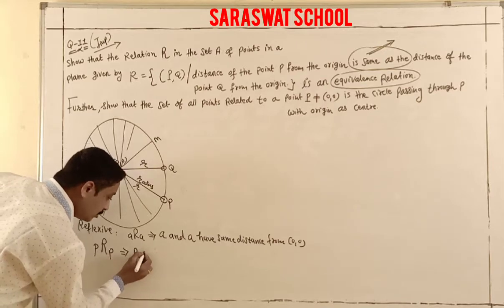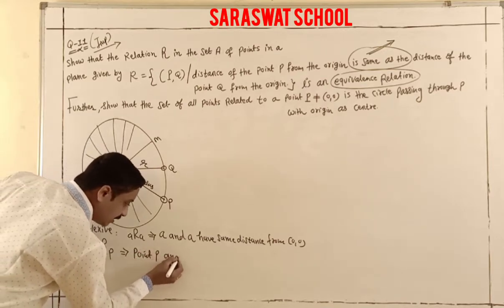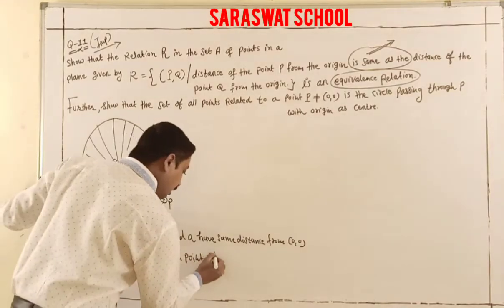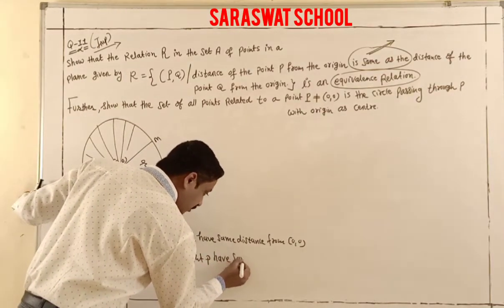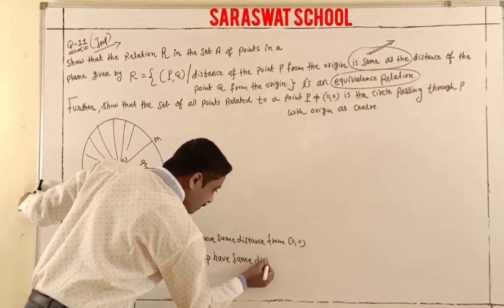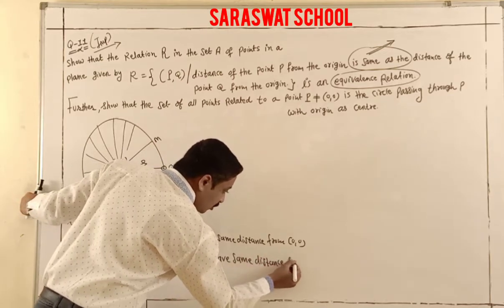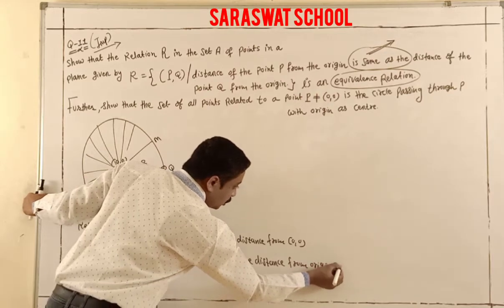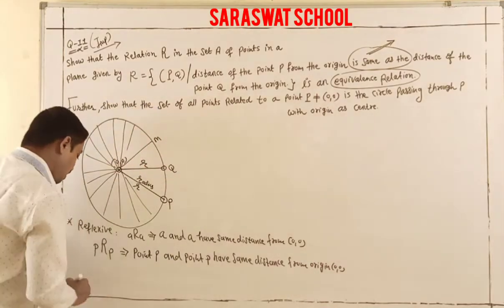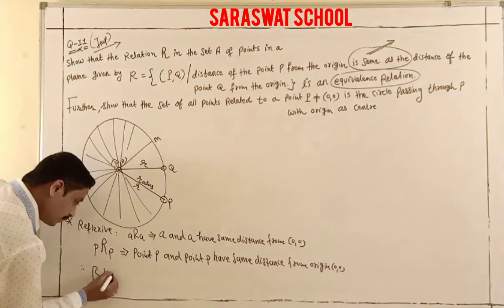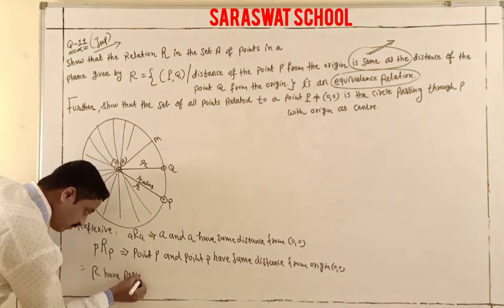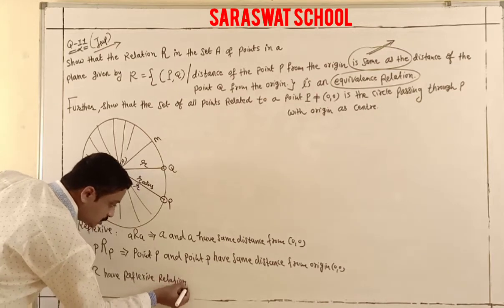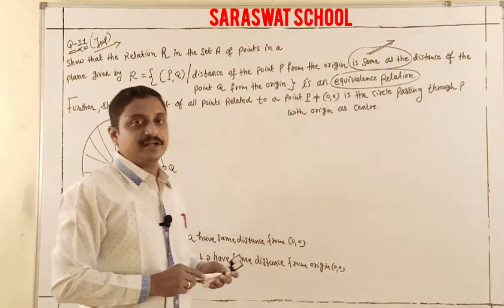Either write point P and next point P have both the same distance from origin (0, 0). It is definitely true. Therefore, R has a reflexive relation. Students, here the first case is happily done.